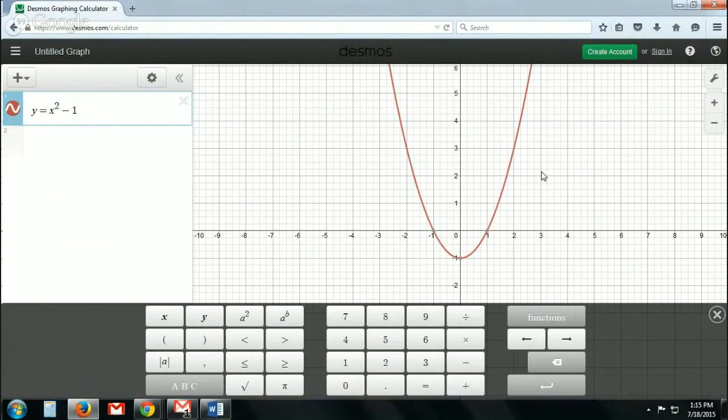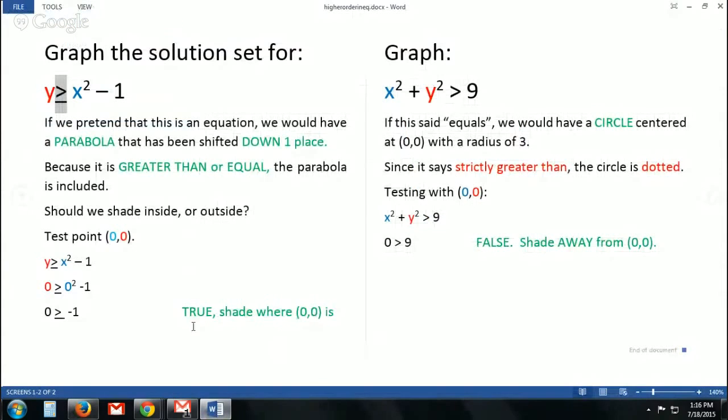If the parabola misses 0, 0, that will be the easiest place for us to test. It missed 0, 0, so let's test with that point. If we get something that's true, we'll shade inside the parabola. If we get something that's false, I'll shade outside the parabola. So let's substitute and see what happens.